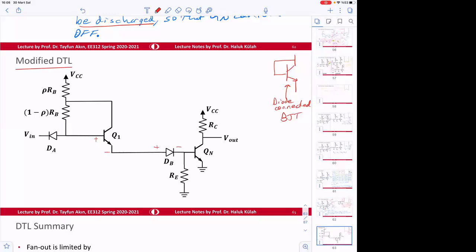So that RB, so rho value is something between 0 and 1. So if you do this, you will notice that here the fan out is going to be much better. Why is it going to be much better?